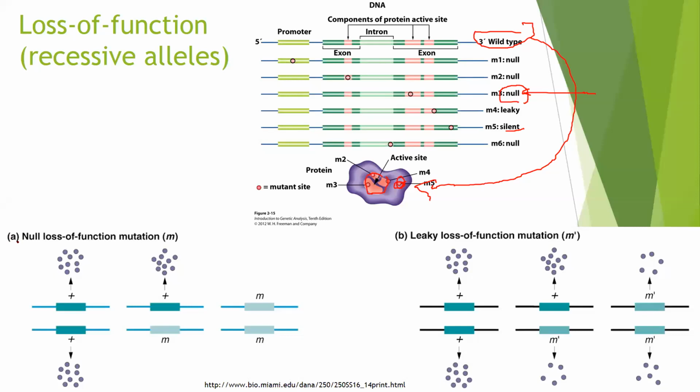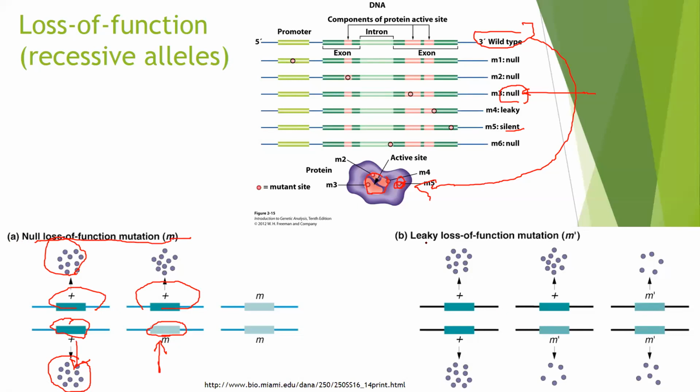Let's see. The loss of function means, the wild type allele can produce a functional protein, and this functional protein will result in the wild type phenotype. If there's a mutation occurring in this gene, this allele cannot produce any functional protein. So in this case, we say the loss of function, right?